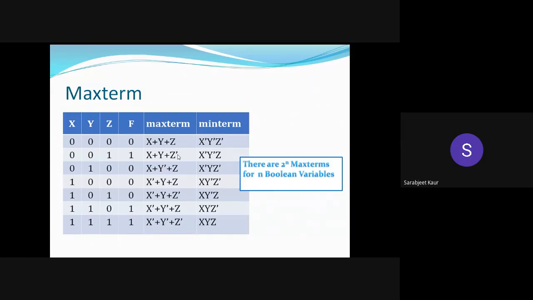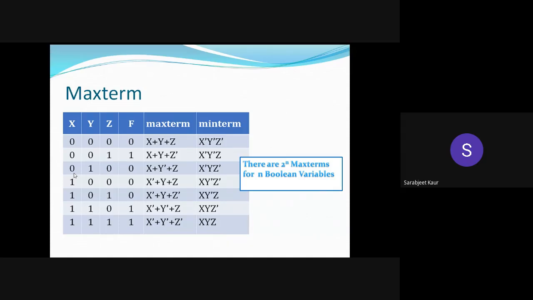Is that clear? Okay, tell me the third max term, please. X or Y complement or Z. Excellent. Next one, please. X complement or Y or Z. Very good.